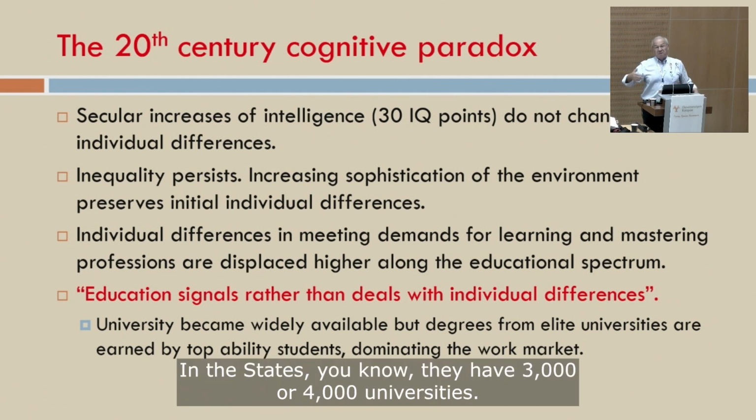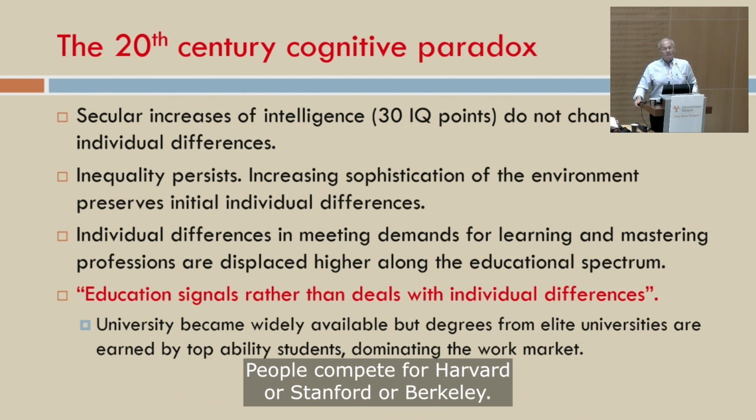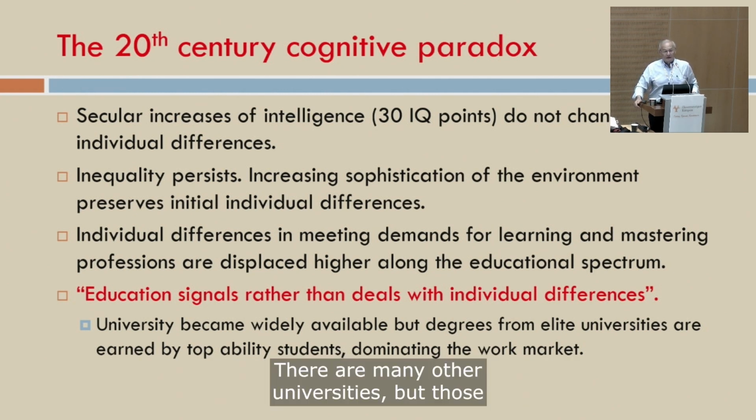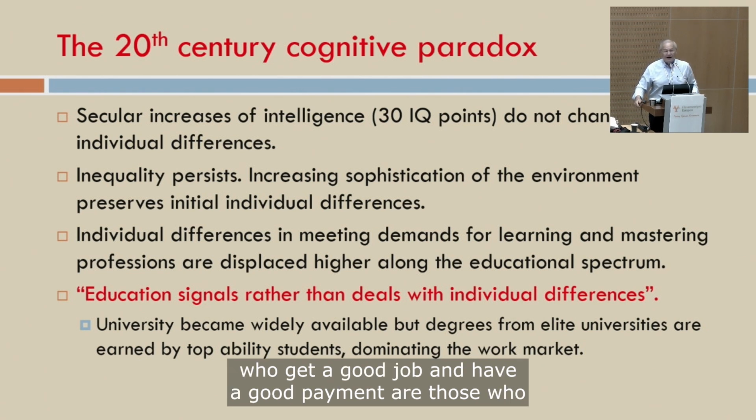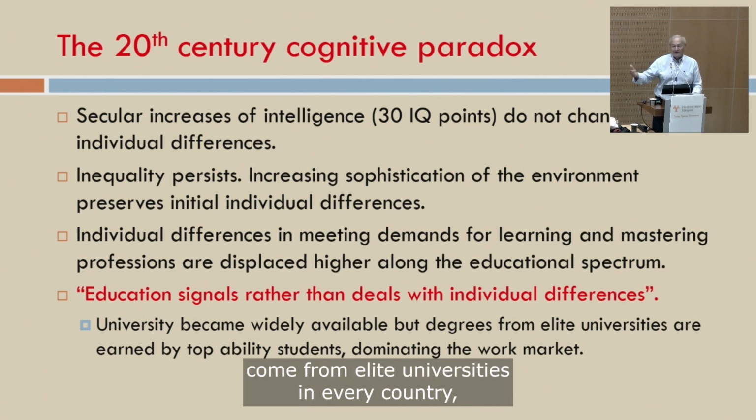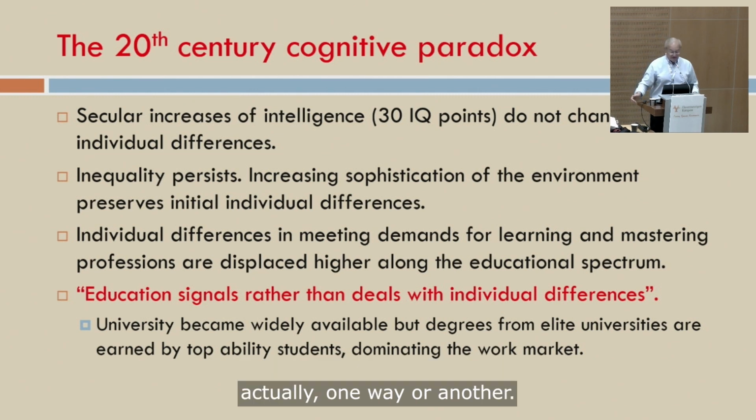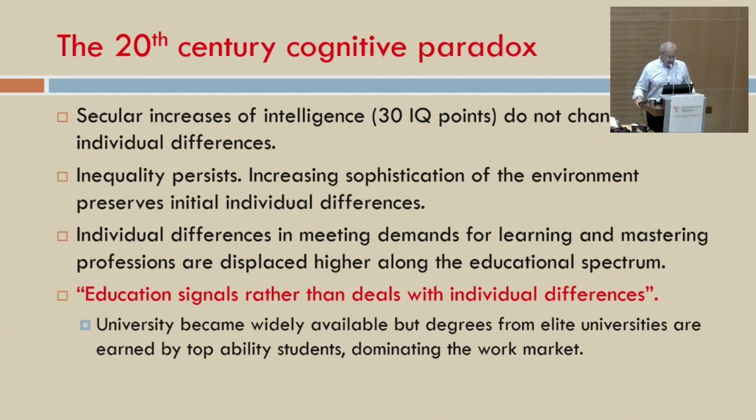In the States, they have 3,000 or 4,000 universities. People compete for Harvard or Stanford or Berkeley. There are many other universities, but those who get a good job and have a good payment are those who come from elite universities in every country, actually, one way or another.